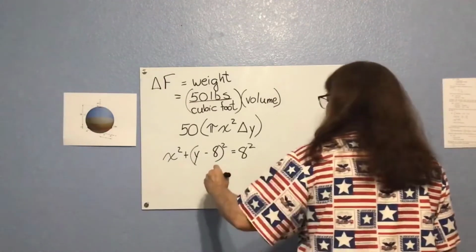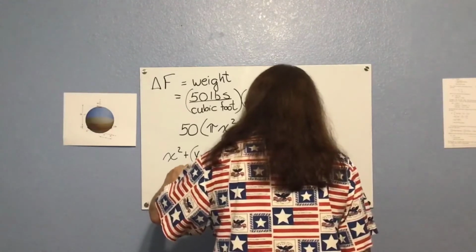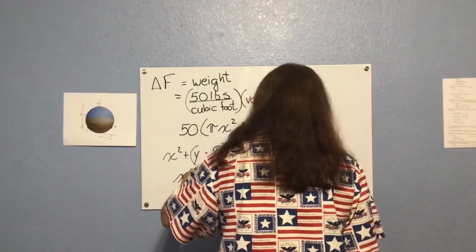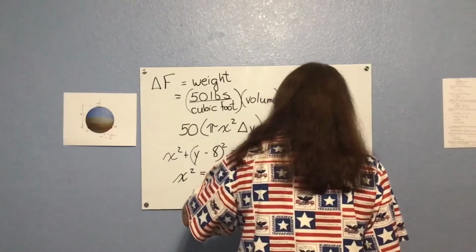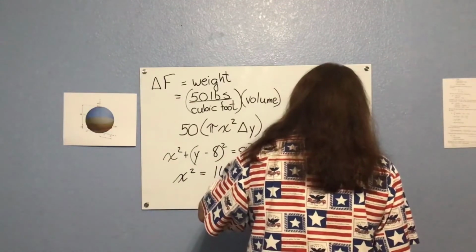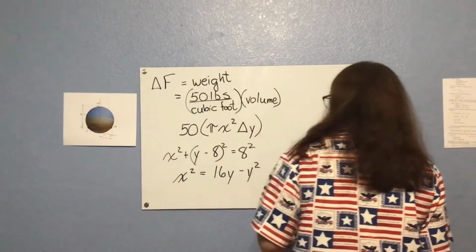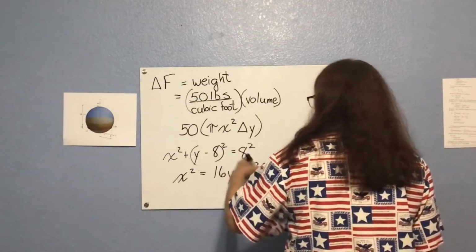We can rewrite this, do a little rearranging, and x squared is equal to 16y minus y squared. The 8 squareds are going to cancel out.